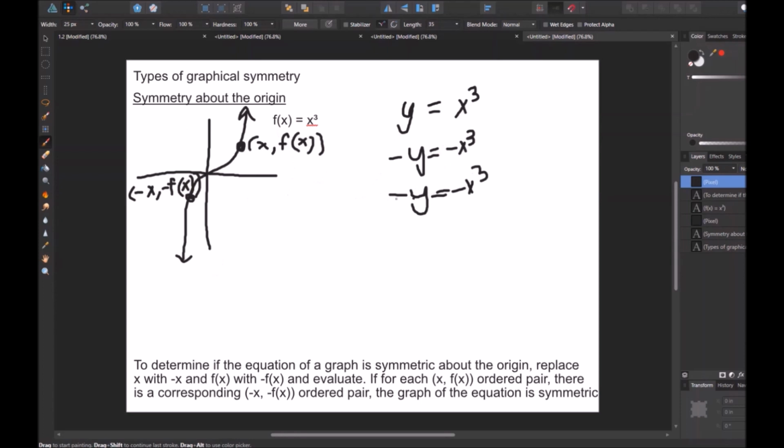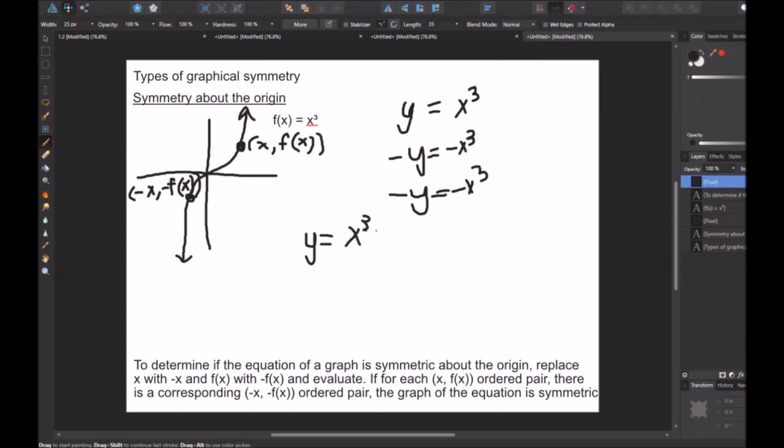And so then we would say that for every point y and for every point x, there's a corresponding negative y and negative x. I'm trying to explain this well, I don't know if I'm doing a good job though. So I'll make another example here.